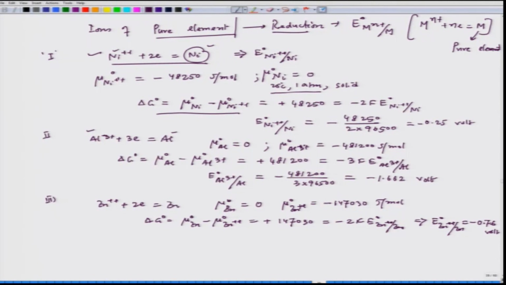Now, let us see some other thing. For example, if we consider Ag, which is silver: Ag+ + e equal to Ag.